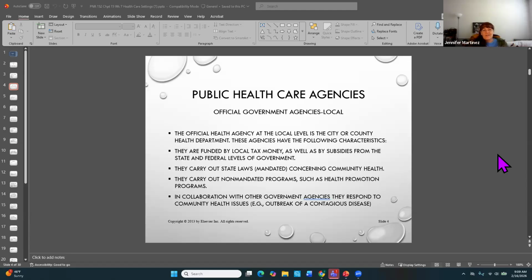During a hurricane, the volunteers for the Medical Reserve Corps would man things like the shelters. So if they opened a shelter at a high school, there would be Medical Reserve Corps staff or volunteers to man those shelters, just to assist.